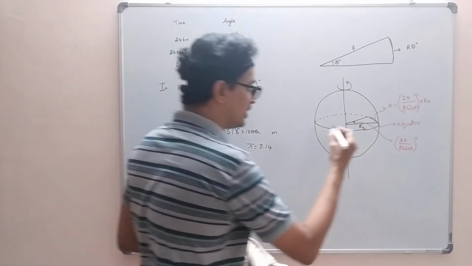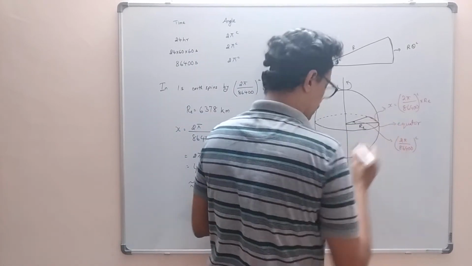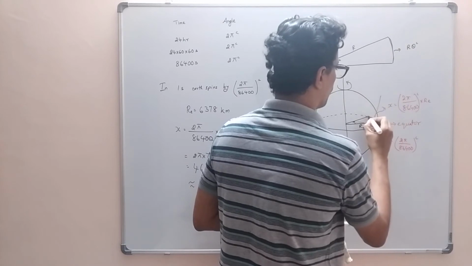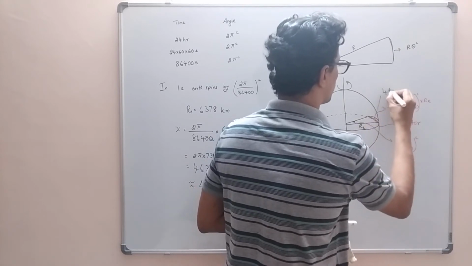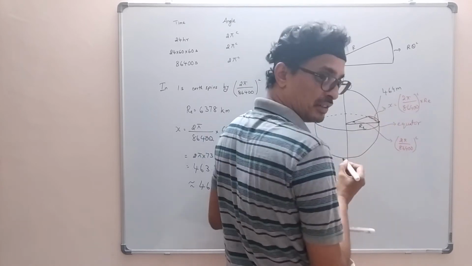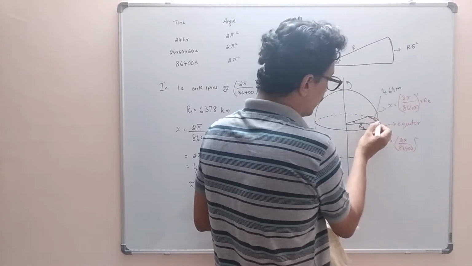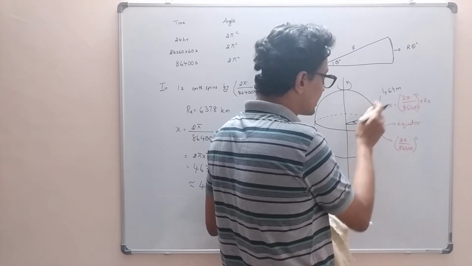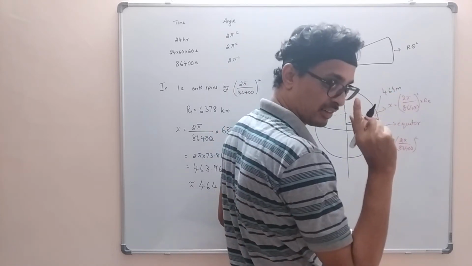So this distance is 464 meters. Therefore, any point here, what is the velocity at which the point moves? Well, this is the distance traveled in 1 second, correct?